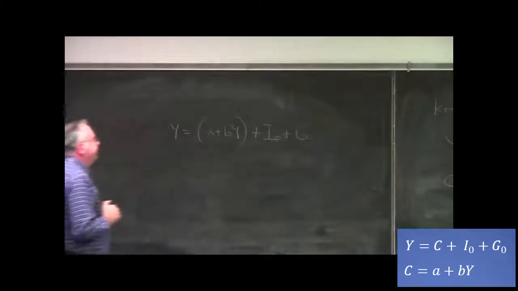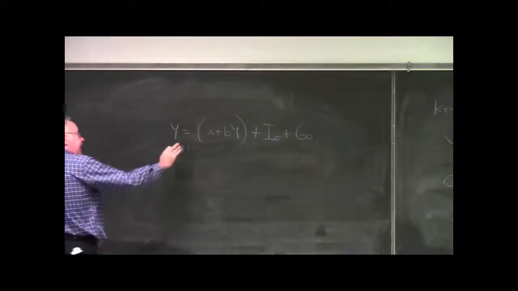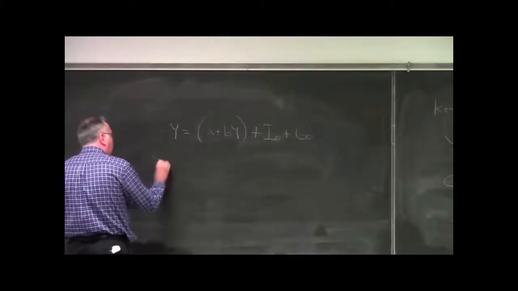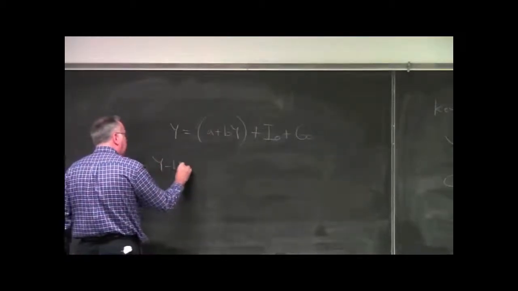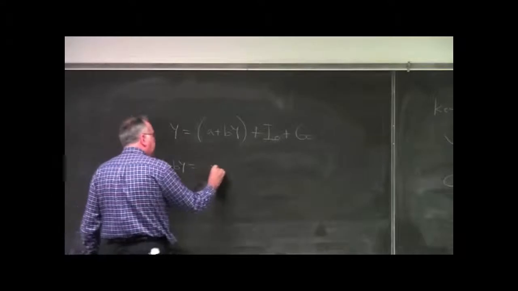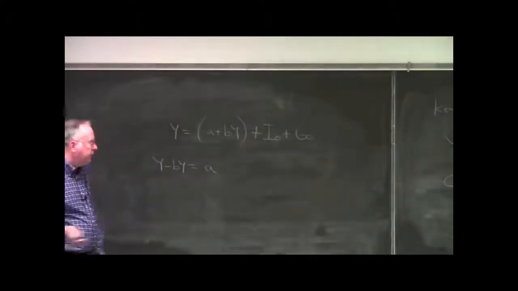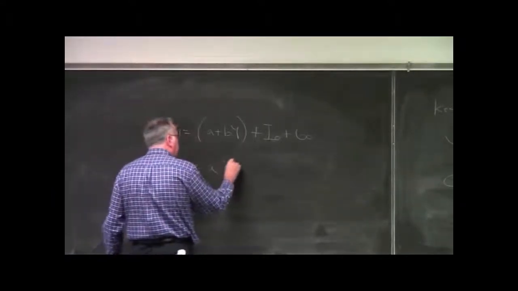Now, notice there's only one endogenous variable in this equation, y. So the way we solve it is we get all the y terms over on the left-hand side, and then we solve for y. Subtract by from both sides, we get y minus by equals a plus I plus g. Let me drop the parentheses because I don't really need them.